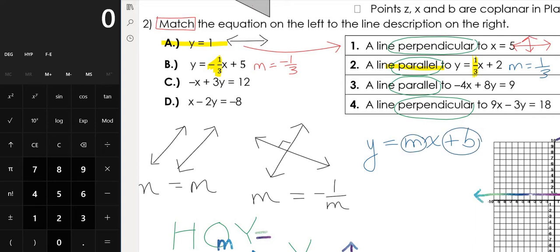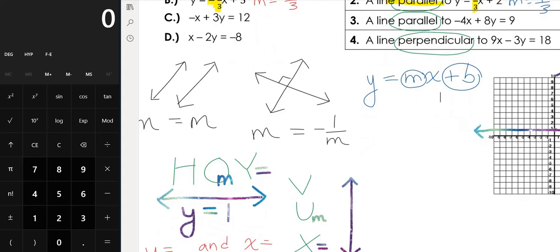If it's not in this format, it's going to be very difficult for you to tell if things are parallel or perpendicular, neither, intersecting, coinciding, whatever the vocabulary is. You need to have your lines in y equals form. So what we're going to do is take the time now to put choice C into y equals form. I'm going to give myself some space.